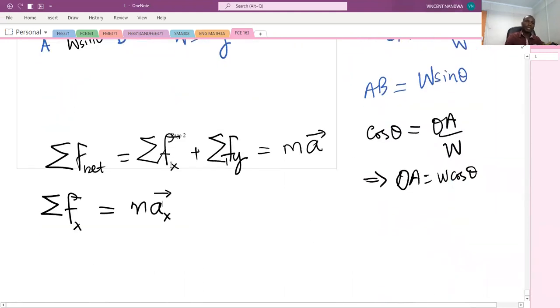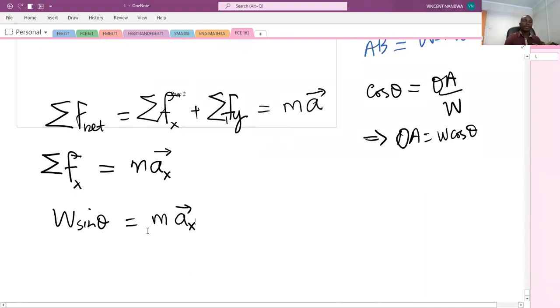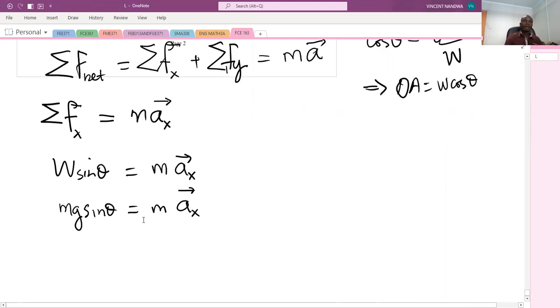By definition, net force is mass times acceleration, m a_x, where a_x is the acceleration in the X direction. So W sine theta gives us mass times acceleration in the X direction. Weight is mass times gravitational acceleration, so m g sine theta equals m a.